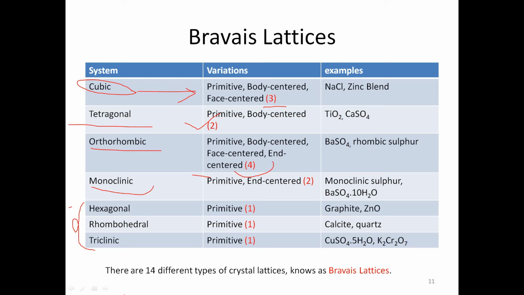So all 7 systems contain primitive, and some of them contain other types of unit cells also. Together there are 14 different types of crystal lattices, called Bravais lattices. Here are some examples of the cubic, tetragonal, orthorhombic, monoclinic, hexagonal, rhombohedral and triclinic systems.